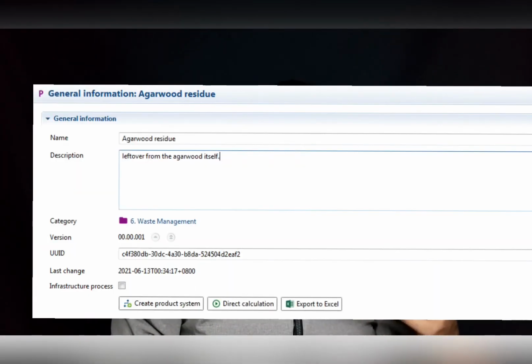Okay, my friend presented about the wood that we use, which is Agarwood. From the Agarwood, it will make powder and dust. I mean, from the process, we create Agarwood residue itself.